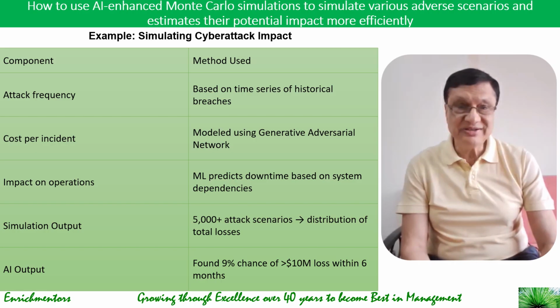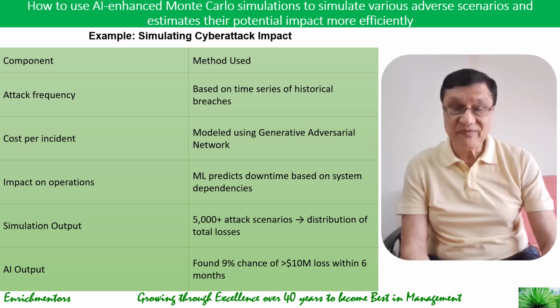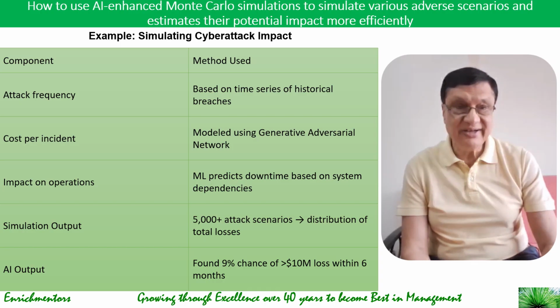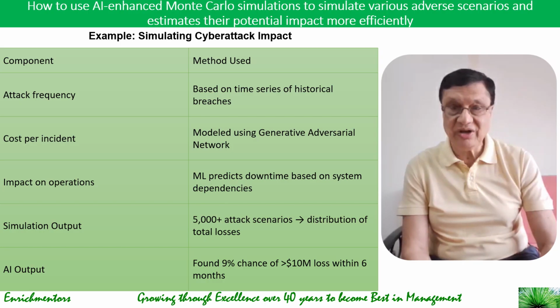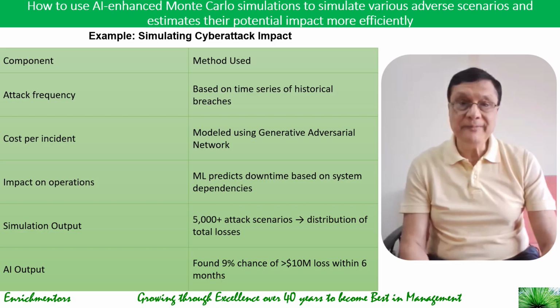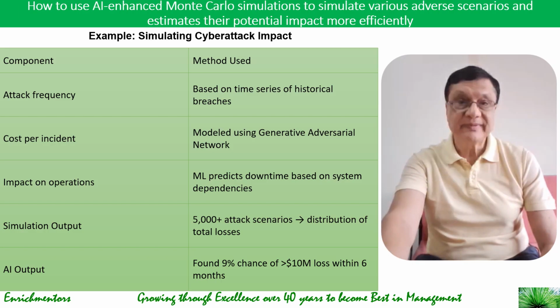And then you generate the simulation output, which says that 500,000 plus attack scenarios would lead to a distribution of the total losses. And then you get an AI output which found that there is a 9% chance of greater than $10 million loss within 6 months. So that's an example of simulating cyber attack impact.